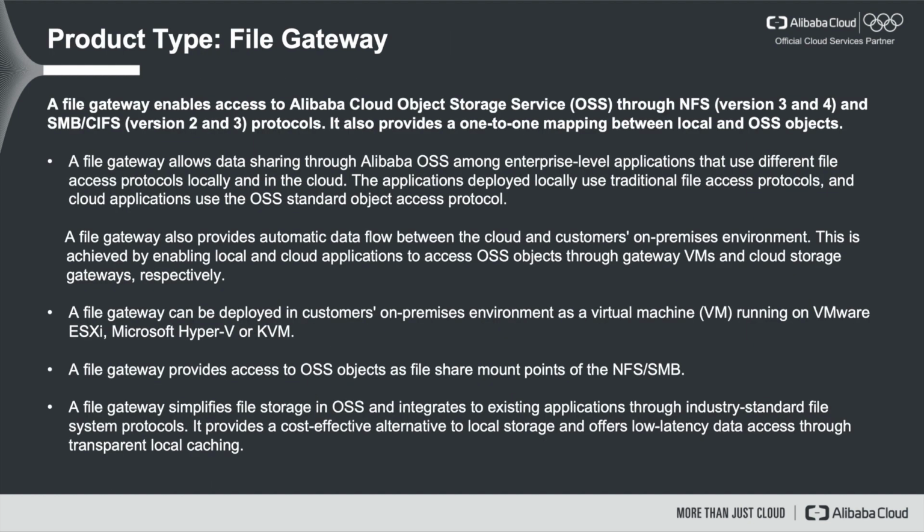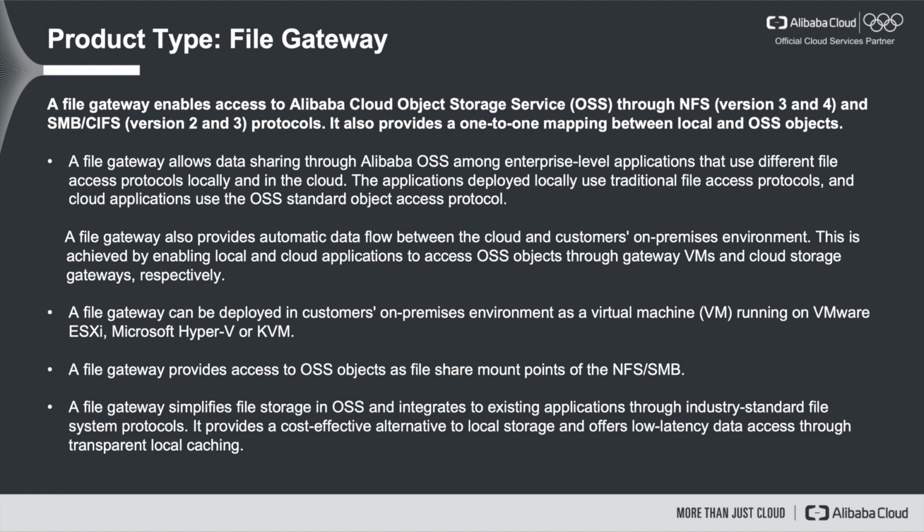Cloud Storage Gateway can be deployed as a file or as a block gateway. The file gateway supports NFS version 3 and 4 and SMB version 2 and 3 protocols. It provides a one-to-one mapping between local and OSS objects.